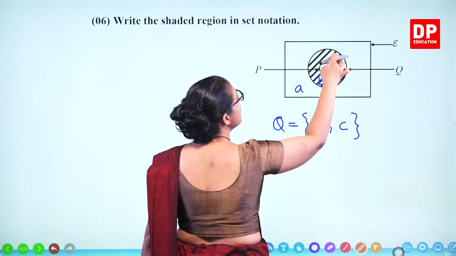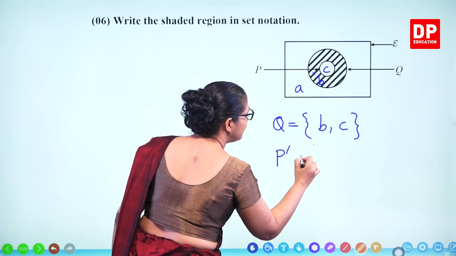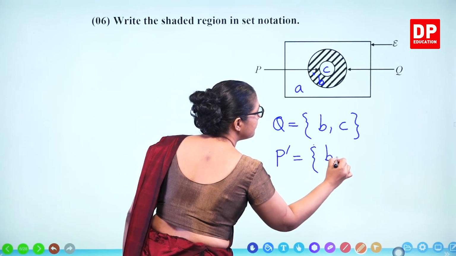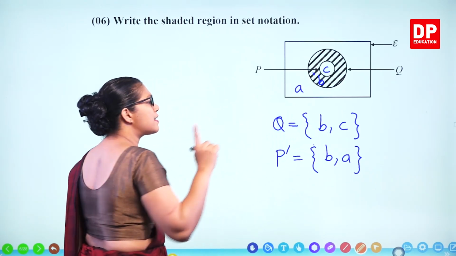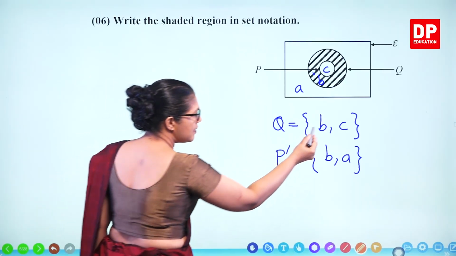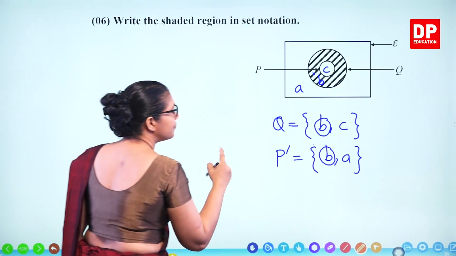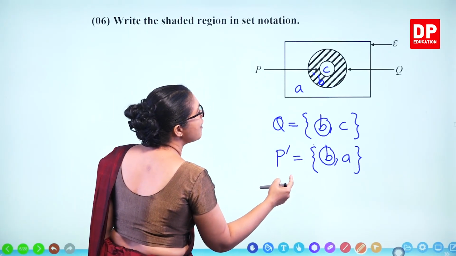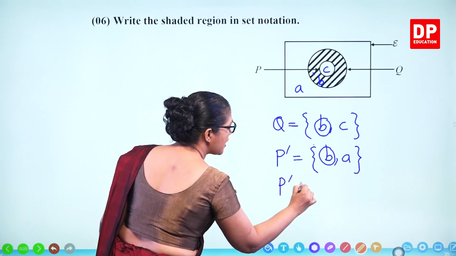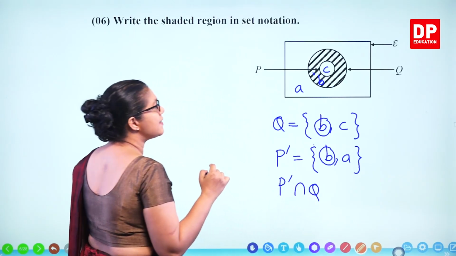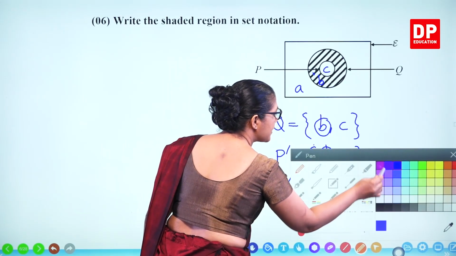Outside P, this is B and A. Now we need the answer B, the common region for both. So we can write P dash intersection Q as the shaded region. So you get 2 marks for that.